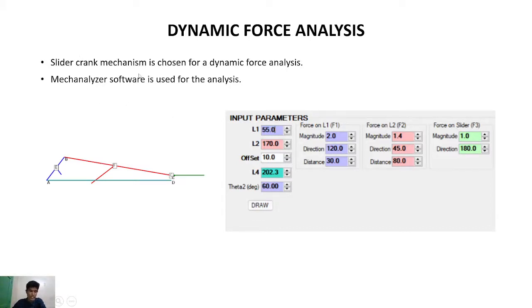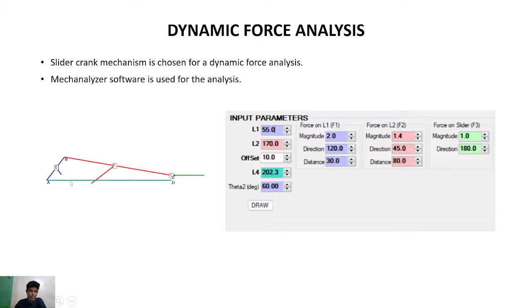I chose a slider crank mechanism for the dynamic force analysis. The input parameters, links L1 and L2, are provided. I also provided an offset between the ground and the slider axis. The link L4 is automatically configured by the software itself.